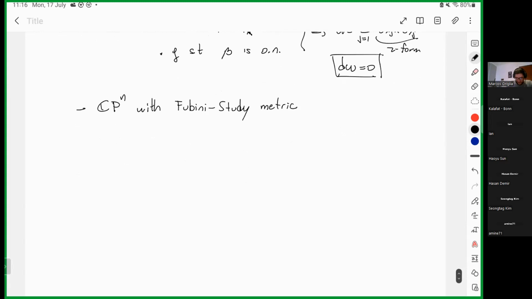Okay, before moving on to the locally conformally Kähler definition, let me just give a remark about symplectic stuff.